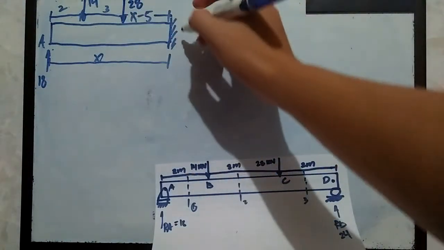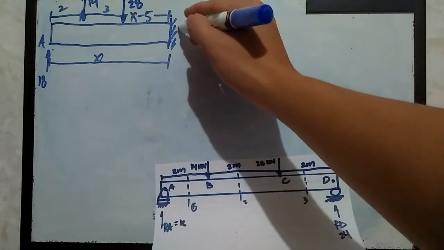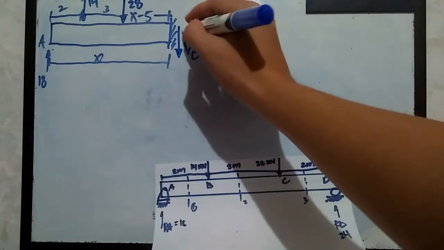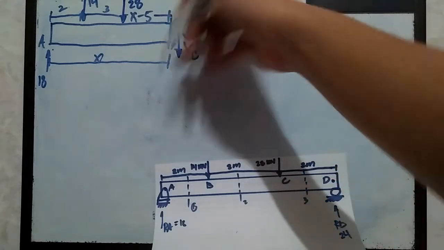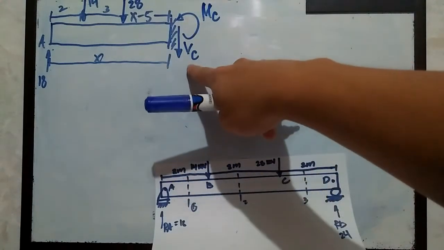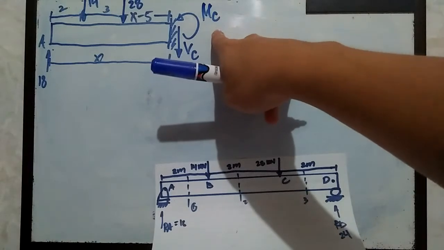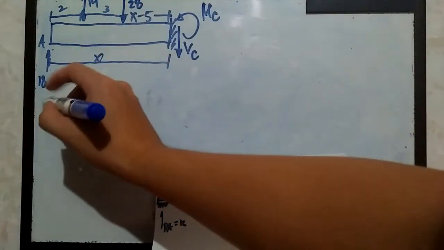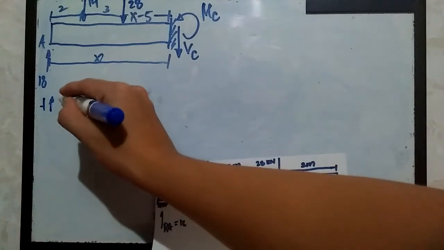Applying again the laws of equilibrium, this portion should have V sub C, and the bending moment at that section M sub C. So we need to solve for V sub C and then M sub C by applying the laws of statics. Summation of forces going up is positive.